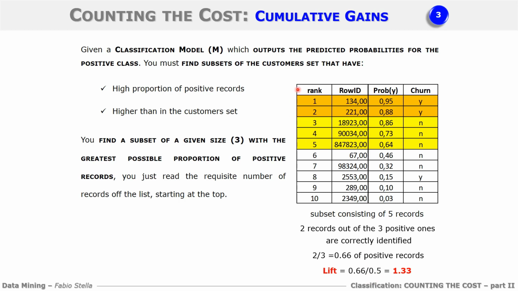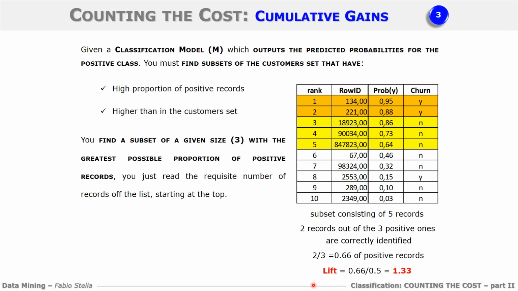Indeed, this sample, 1, 2, 3, 4, 5, is 50% of the entire customer set. So by sampling 50% of the records, we would expect that if the sample is random, exactly 50% of the churners will be correctly selected.